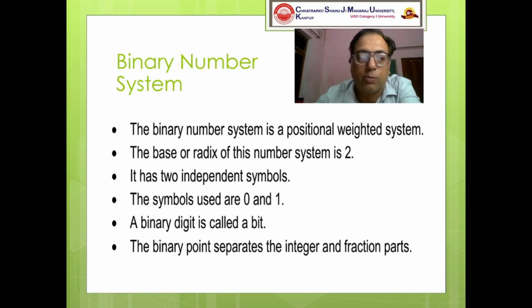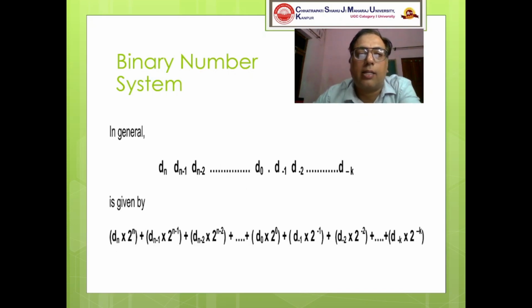Okay, the radix point. Again, this can be written in a general way: d(n-1), d(n-2) up till d0, dot, d(-1), d(-2) up to d(-k). If it is expanded in general, it is given as dn into 2 to the power n, d(n-1) into 2 to the power n minus 1, d(n-2), and so on up till the radix point.